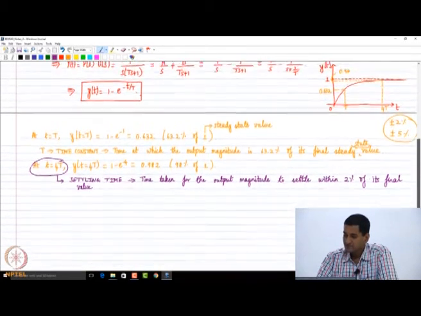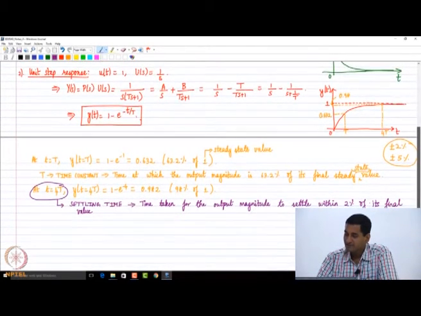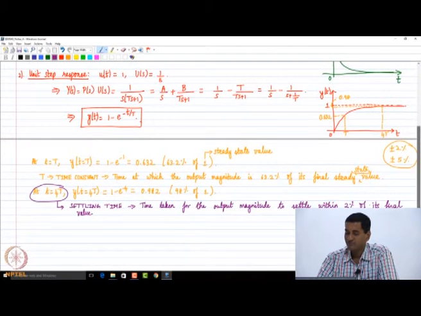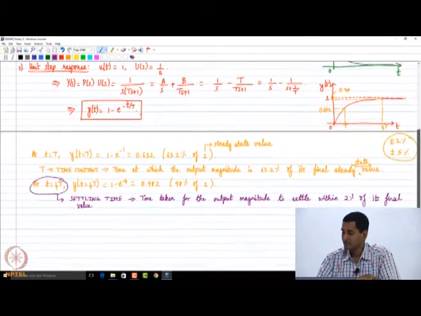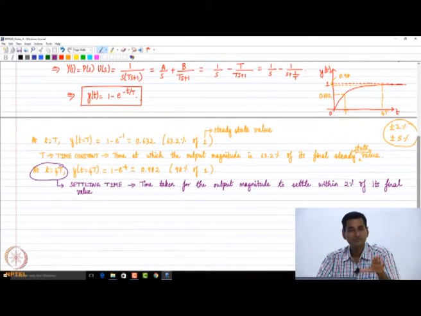So one can immediately observe that the time constant capital T is a very important parameter for us. Essentially that quantifies how fast my system response is. Dynamically, it's of great use to us when we deal with characterizing the speed of response. That's why we would typically encounter questions like, what is the time constant of the system?